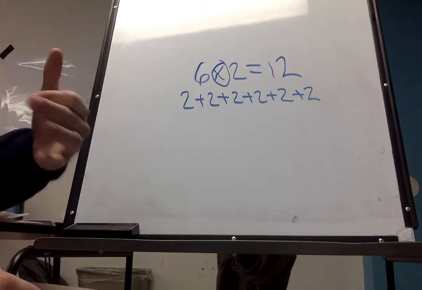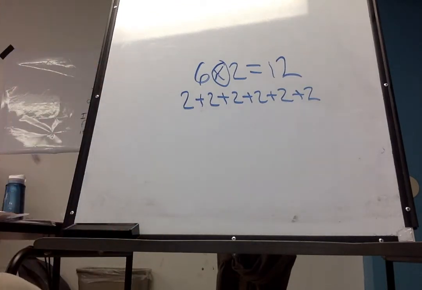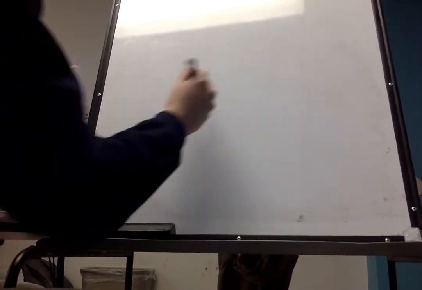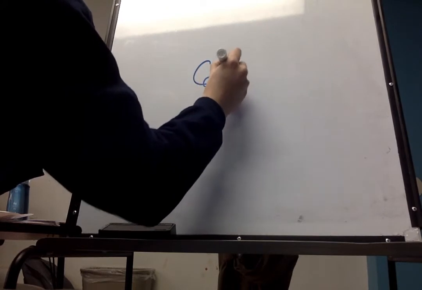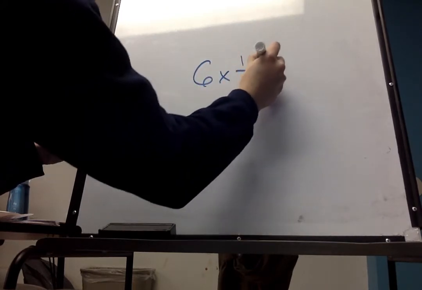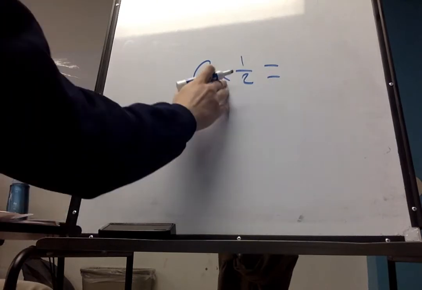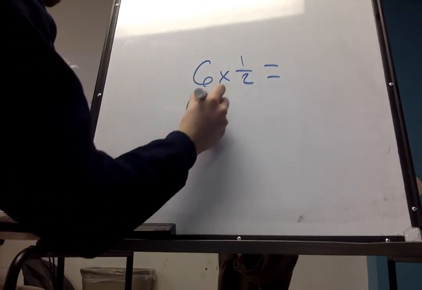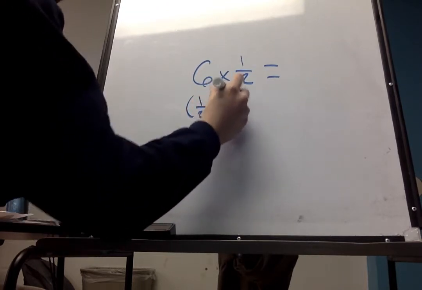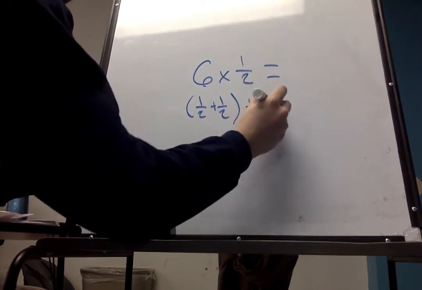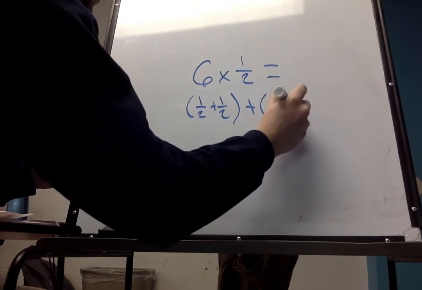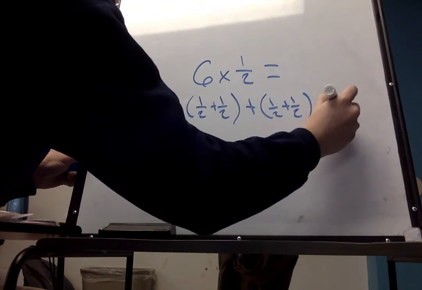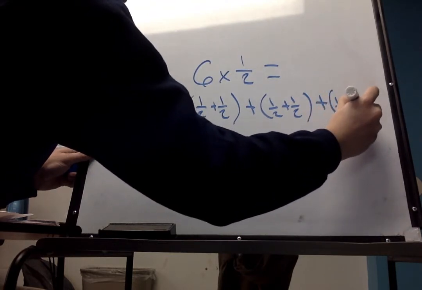So we're going to use the same type of thinking when we're multiplying fractions. So if I said 6 multiplied by 1/2, what we're really doing is adding 1/2 6 times. So I could say 1/2 plus 1/2 plus 1/2 plus 1/2 plus 1/2 plus 1/2.